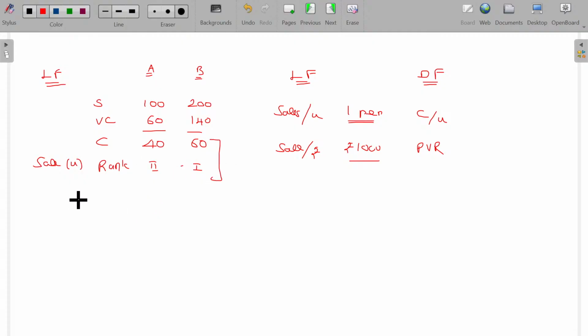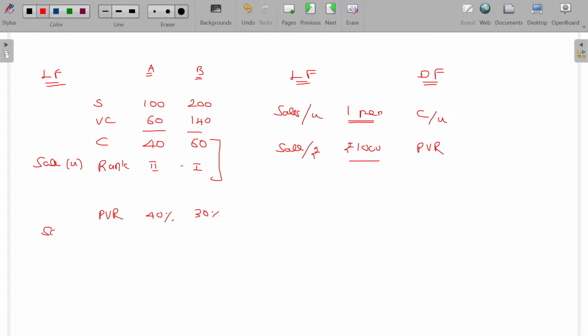Similarly, in case of PVR, C by S, 40 by 100 is 40%, 60 by 200 is 30%. For every rupee, you will get 40 paise profit in case of A, and in case of B, only 30 paise.